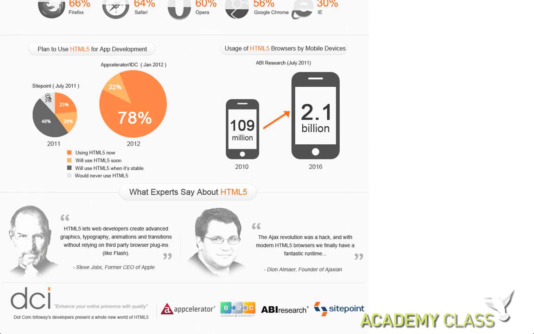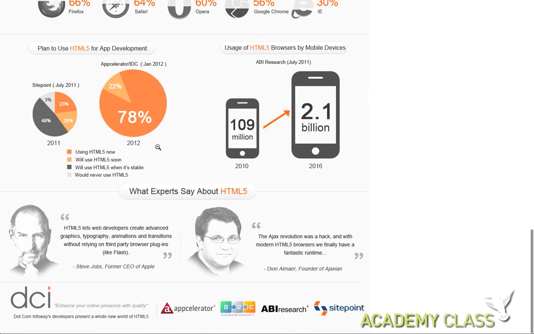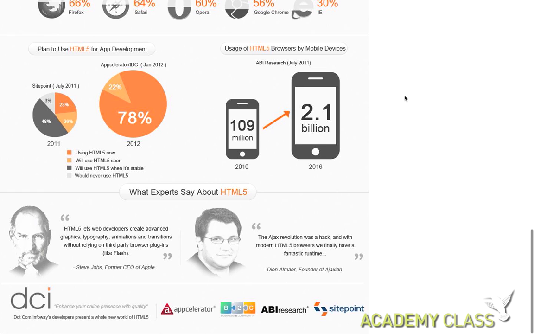To be able to build a website to today's standards or tomorrow's standards, it needs to be in HTML5. Okay, and we can see here some usage stats: 109 million users of smartphones in 2010. It's predicted in 2016 2.1 billion users. Okay, that's twice the size of China.